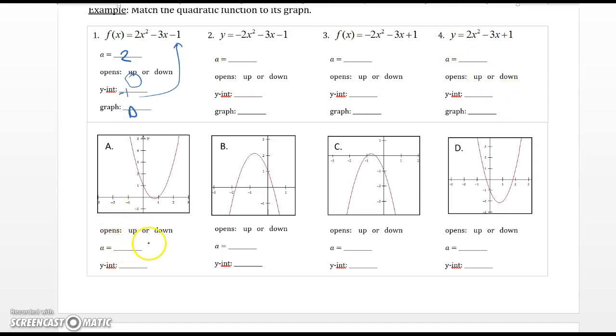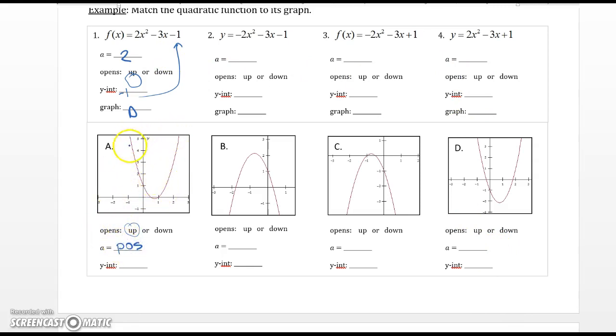Down here, when you are looking at a graph, the graph opens up. You can fill in this part maybe before you finish these, or maybe you can do it later. Looking at this graph, you know that this A is going to be positive.